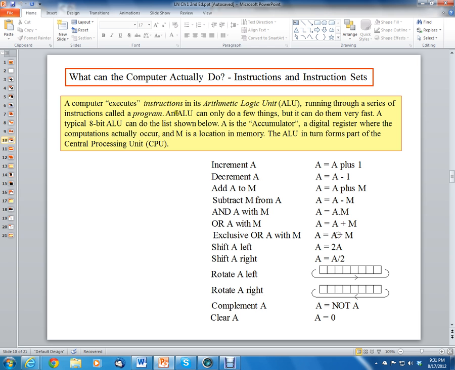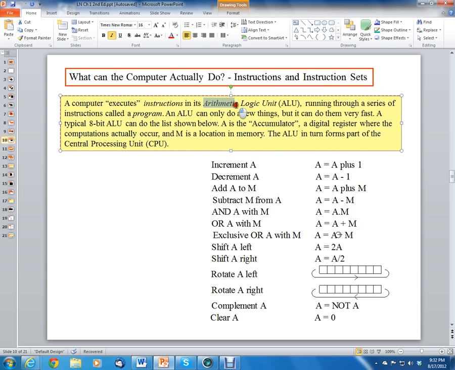So the next section is what can computers actually do, instructions and instruction sets. Well, they can execute instructions in their ALU, arithmetic logic unit, running a series of instructions called a program. So the ALU can only do a few things, but it can do them very fast. Arithmetic logic unit means it can perform arithmetic, and it can also perform logic.